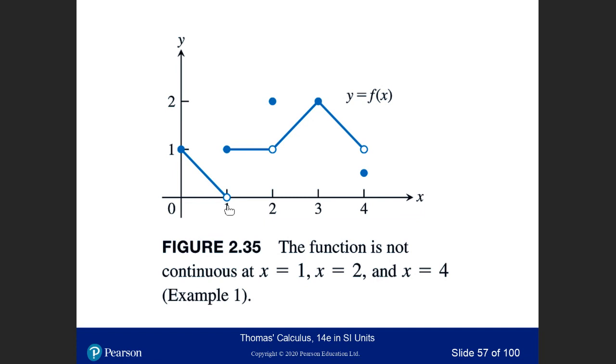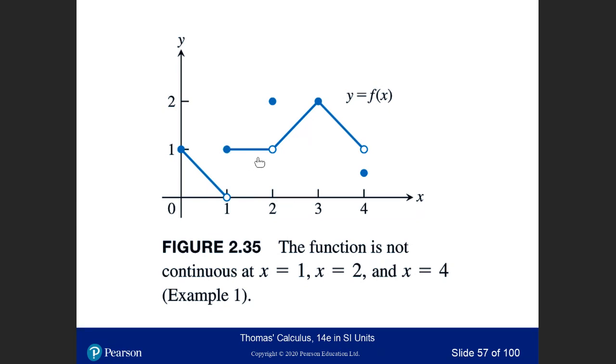When you approach 1 from the left-hand side, the limit is 0. The value of the function is 2. So the function is not continuous at 1. It's discontinuous at 1.